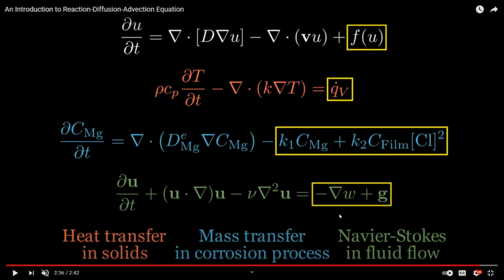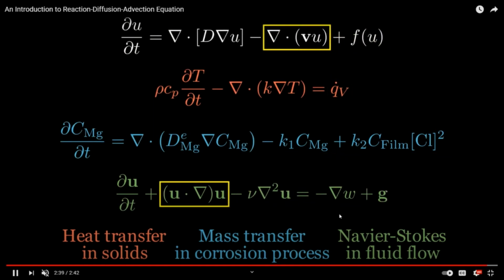For example, in a heat transfer equation, it's related to the source, how heat is generated. But for mass transfer, in the corrosion case, you can see that it is very similar to the form that I showed you. And then the advection term, which is here only in the Navier-Stokes equation, can also appear in other equations.